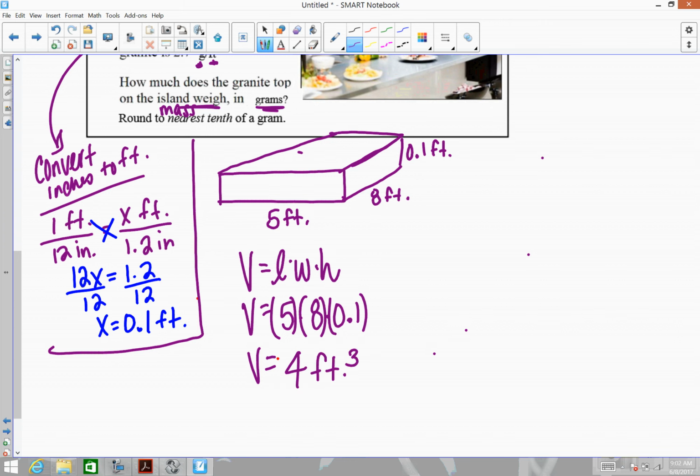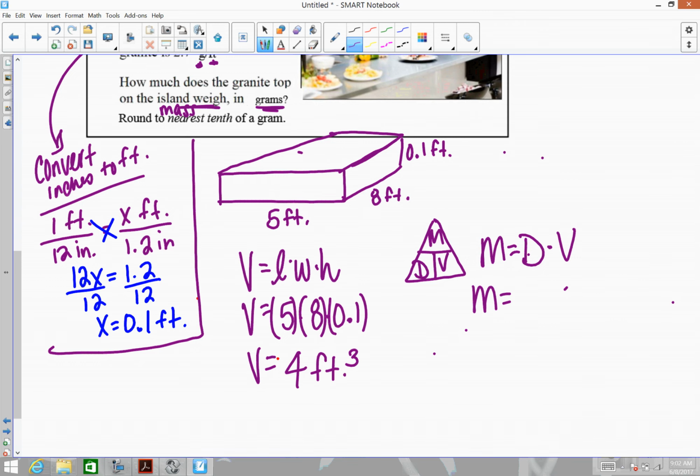So there's the volume. If I want to find the weight, I'm going to use my density triangle here. Density equals mass per volume. So I need to find the mass, which means mass is going to be density times volume. If you cover this up, it means you'd be multiplying.